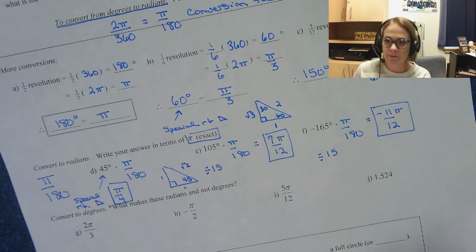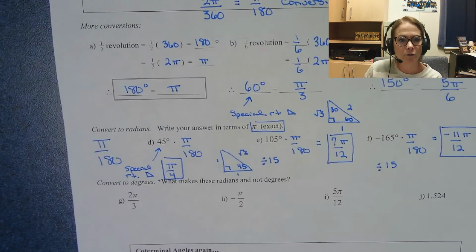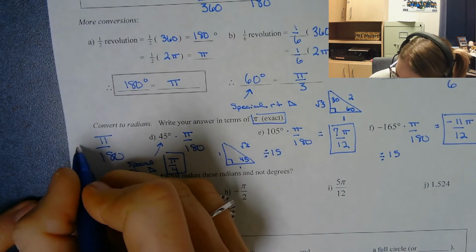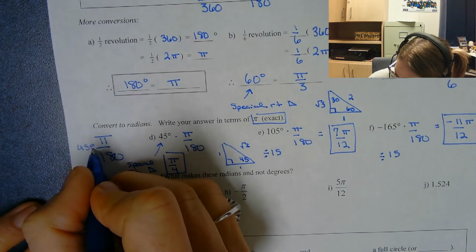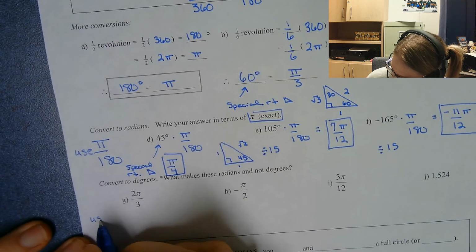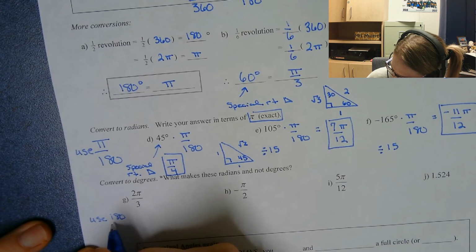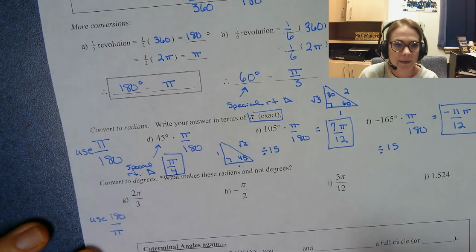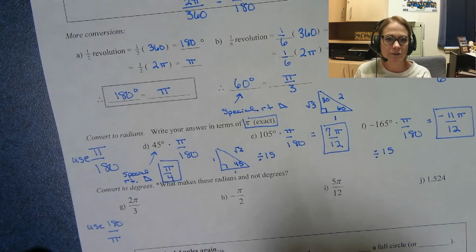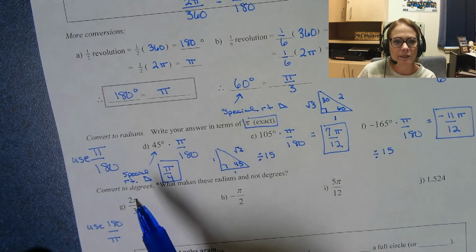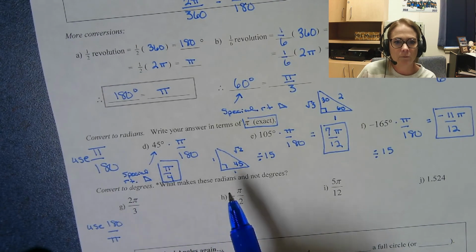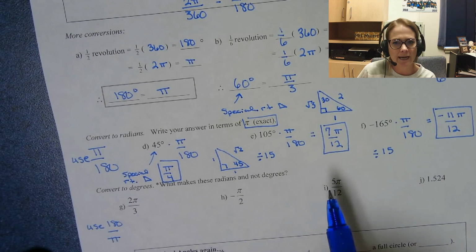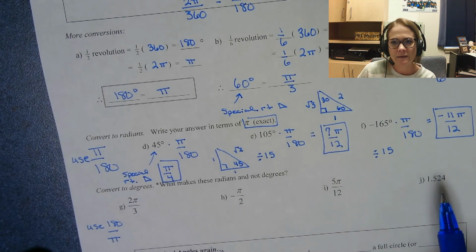Okay, so the next thing we're going to do is we're going to convert to degrees. So here we use the conversion factor of pi over 180. Here we're going to use 180 over pi. All right, and so how do you remember which one? Usually when you're given a radian, it will have a pi in it. Sometimes it doesn't. So what you can note here is the lack of the degree symbol.